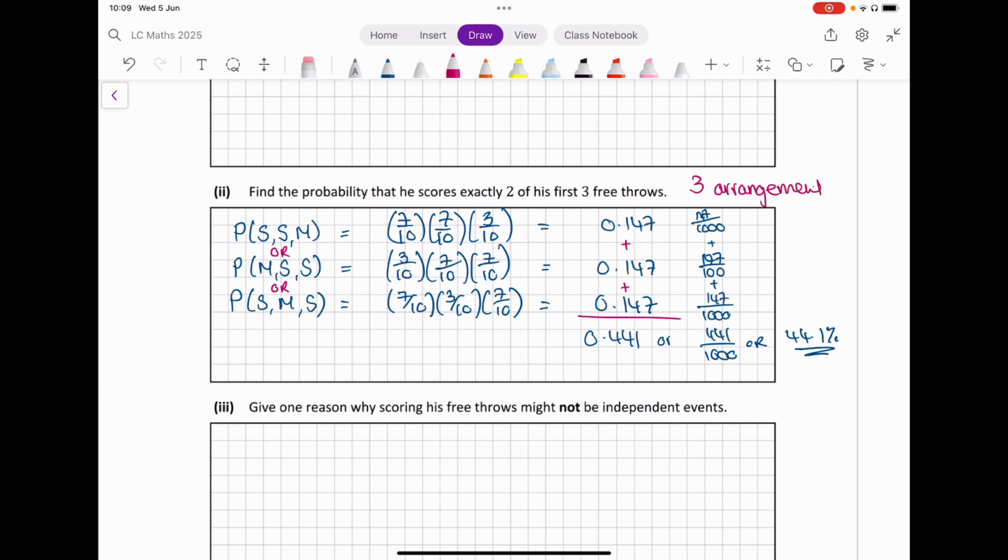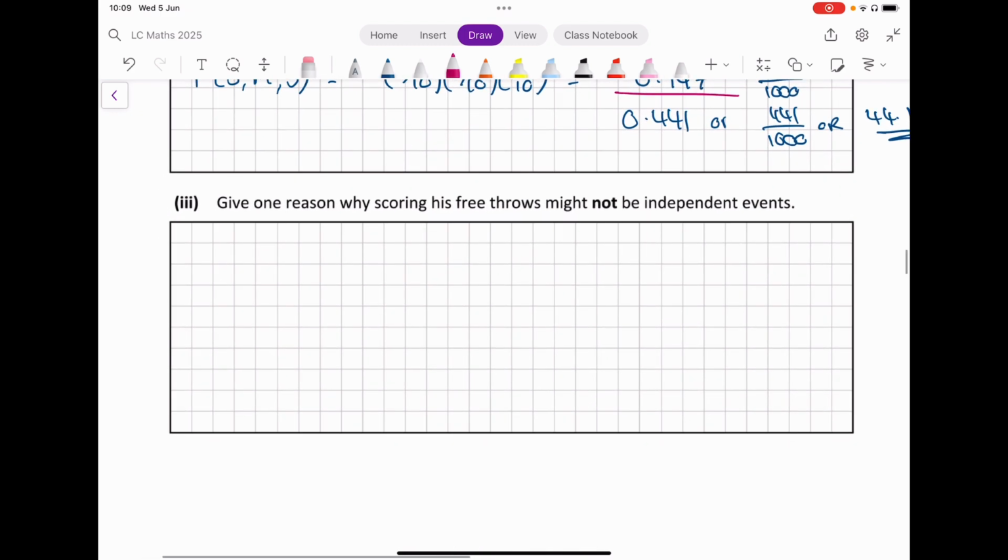Now, the last question is give one reason why scoring his free throws might not be independent events. And we know ourselves from playing sports or from playing any kind of game or doing any activity that your previous performance affects your current performance. So if I miss and I miss, then that might affect my ability to score for the third time because in my head I'm already going, well, I've missed twice.